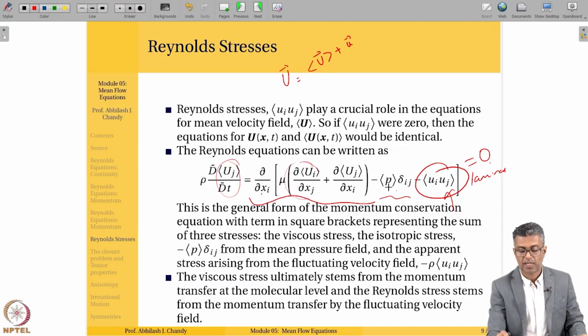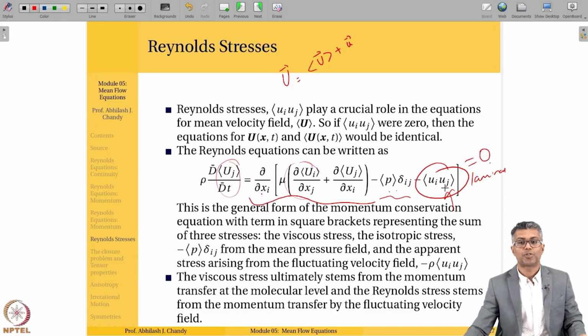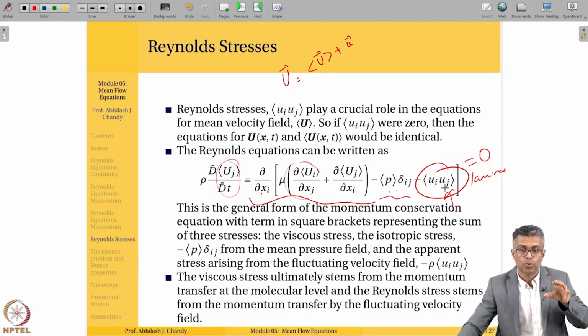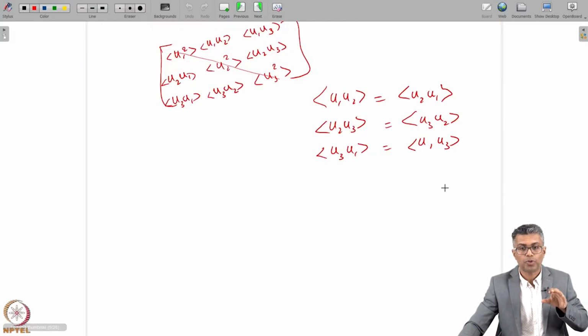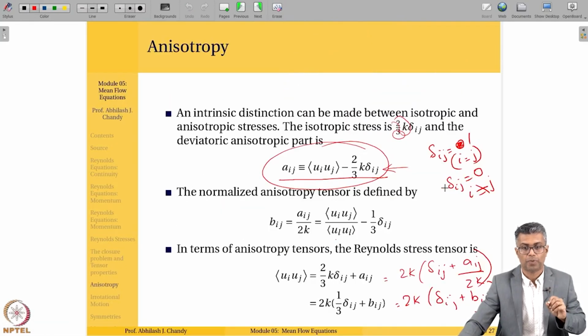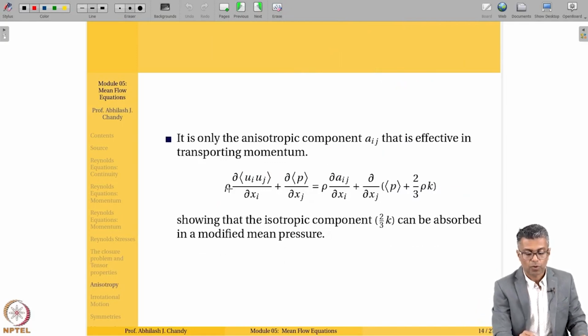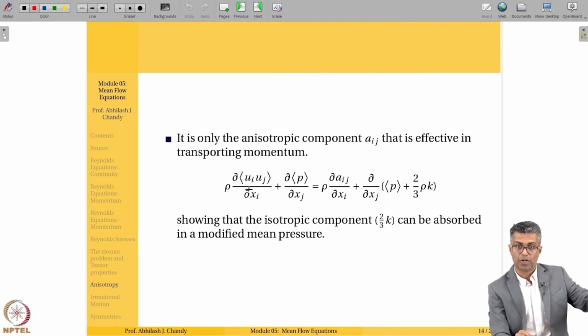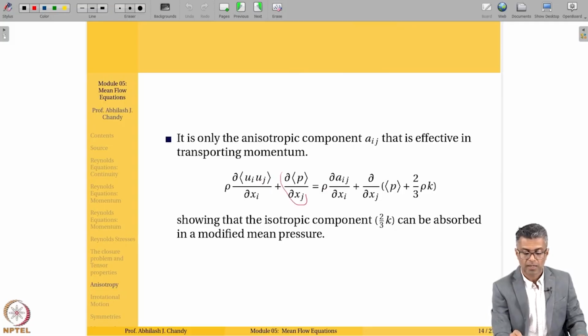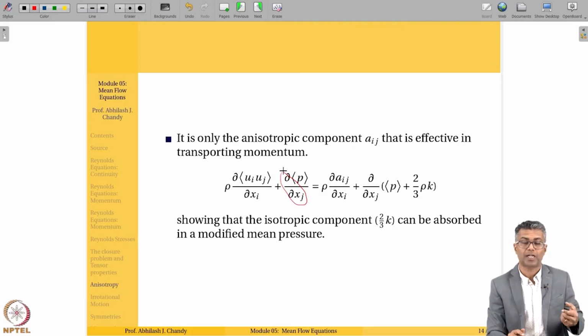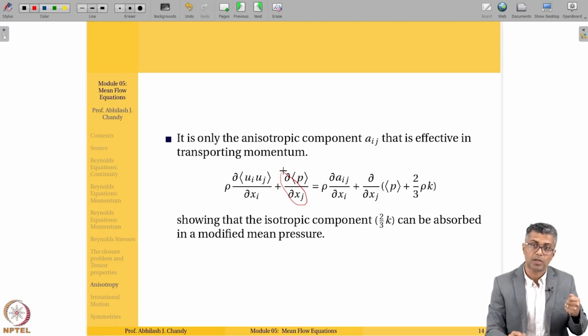And then I have del xi of P minus del xi of UIUJ. So if I just take those two terms, and now I'm going to write it in terms of the anisotropic stress tensor, then I have rho del xi of UIUJ coming from the Reynolds stress term, and as you can see here, this is del xj, because the Kronecker delta made it a del xj. It was originally del xi, but because you had the Kronecker delta in, now it has made it a del xj. So you have a del xj of P is equal to rho.